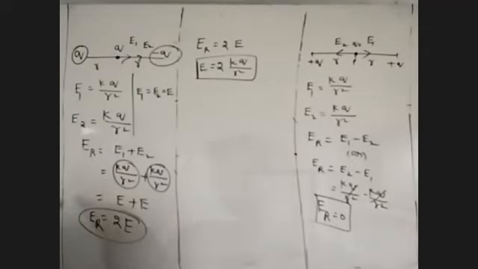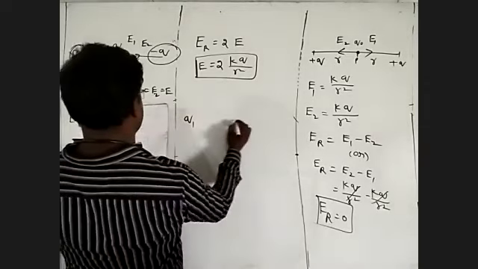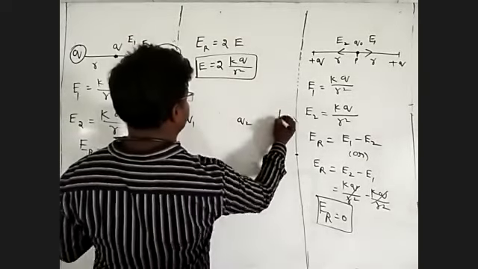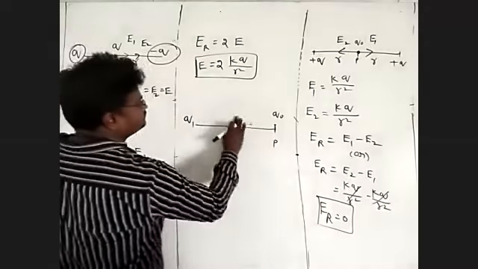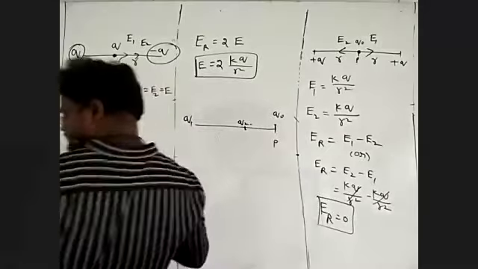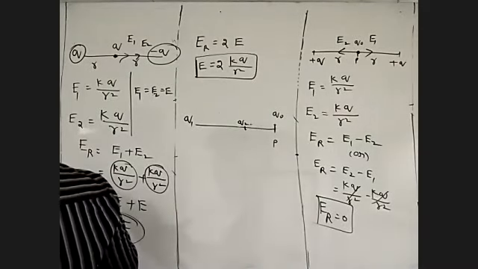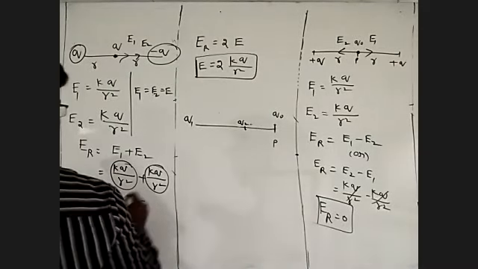Now next problem. This is a Q1. This is a Q2. This is a P point, and here is the test charge Q0. Distance between the two charges, I'm taking from here to here is R1, from here to here is R2.